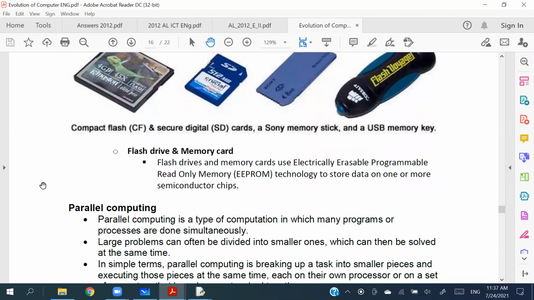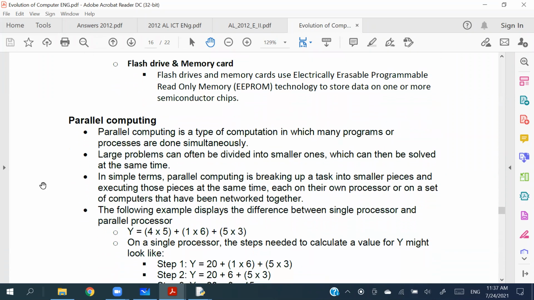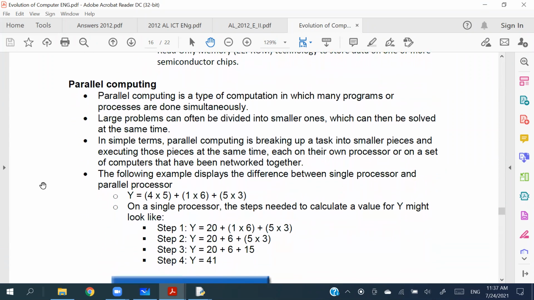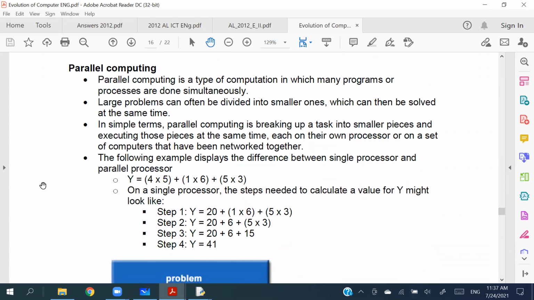And today we are going to talk about some concept regarding computing, which is parallel computing. Later, you are going to learn about how grid computing happens, right? Now, parallel computing is one of the famous concepts that we are using these days.